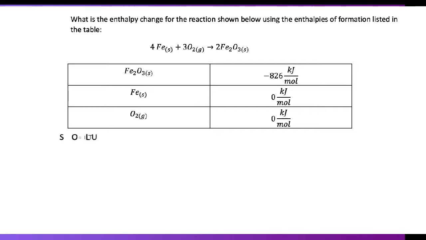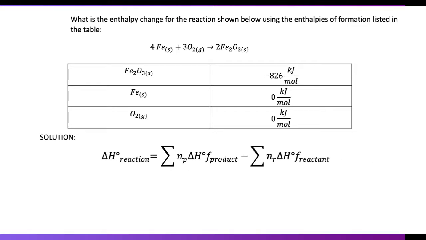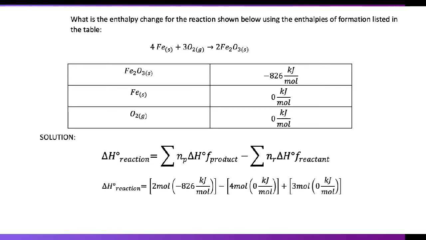The same formula will be used in solving this second problem. So the enthalpy change of reaction is equal to the sum of the number of moles multiplied by the change in enthalpy of formation of the products minus the sum of the number of moles multiplied by the enthalpy change of formation of our reactants. So all we have to do is plug in the values found on the table.